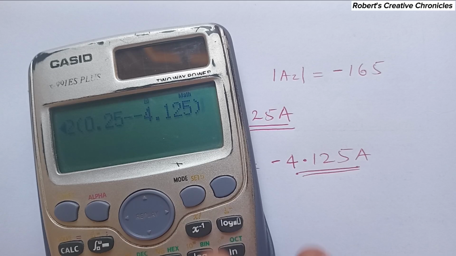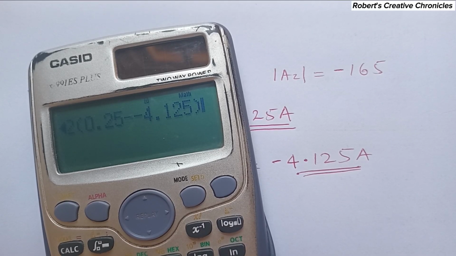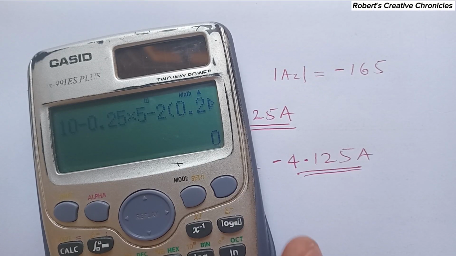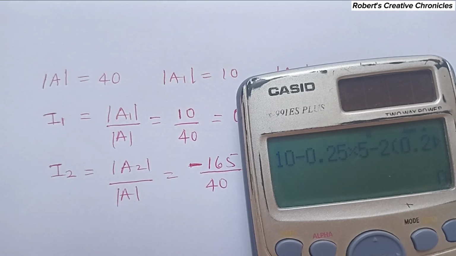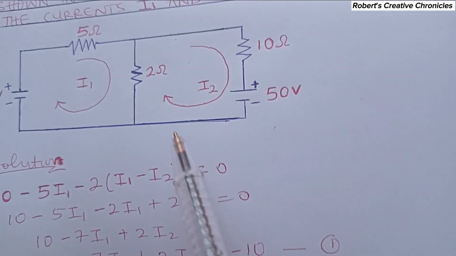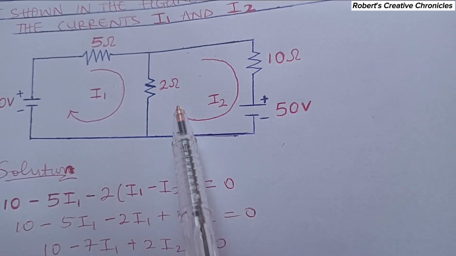So this should give us 0, showing the answer is correct. So you see 0. That means what we did is actually correct. Even for this mesh, we do the same thing, and it should also give us 0.